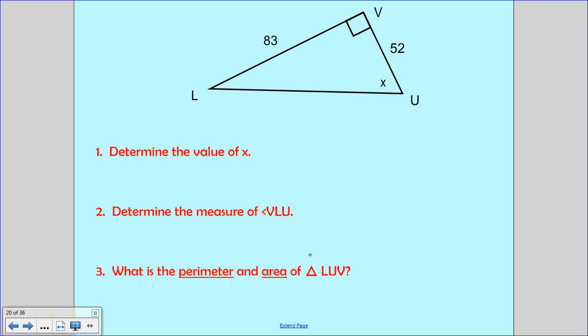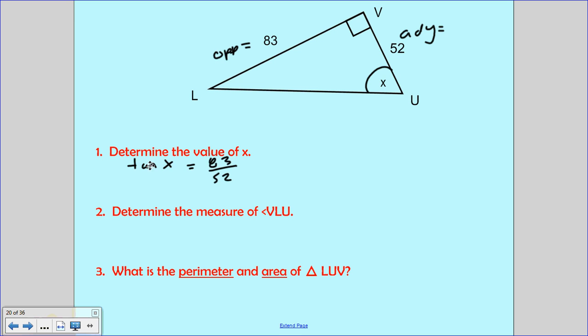Now we're going to determine the value of x. First, x is the angle. And when I look at x, I have the side opposite, which is 83. And I have the side adjacent, which is 52. So since I have opposite and adjacent, I can use tangent. So tangent of x is going to equal opposite, which is 83, over adjacent, which is 52.